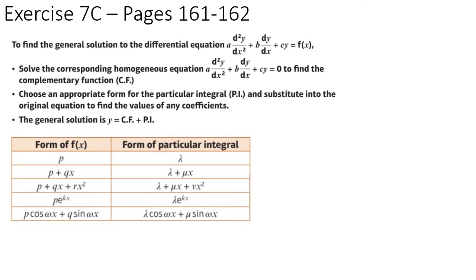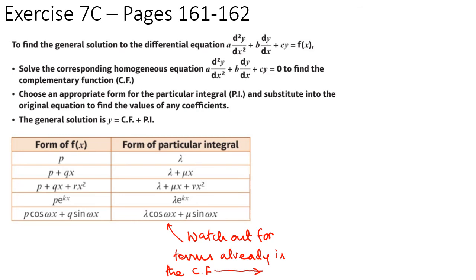Remember what we need to do, we need to watch out for terms already in the complementary function, and if you've got terms that are already in the complementary function, then you need to take your particular integral and times it by x, and if that term's already in the complementary function, you take that term and multiply it by x squared. Okay, it's more likely it's just going to be you multiply by x, so watch out for something like that.